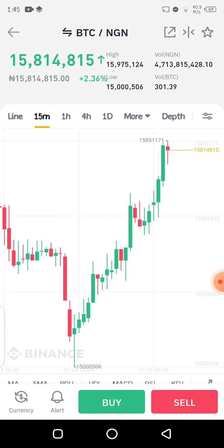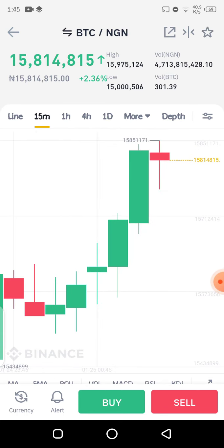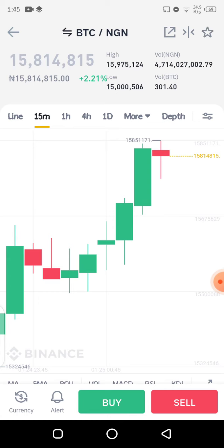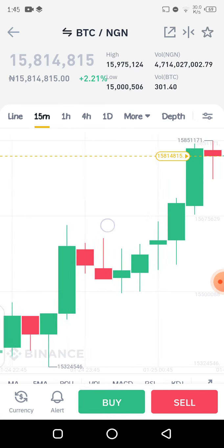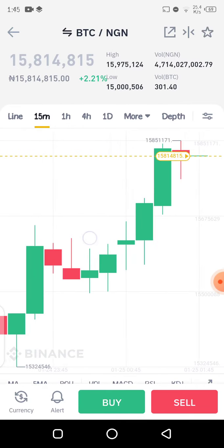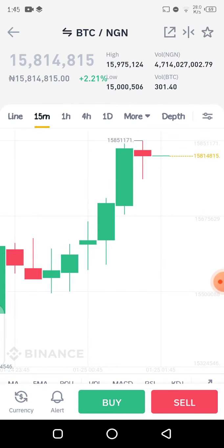So you can also make it 15 minutes. You're looking at it in a 15 minutes time frame with the candlestick chart. Here we are looking at BTC engine on a candlestick chart on a 15 minutes time frame.